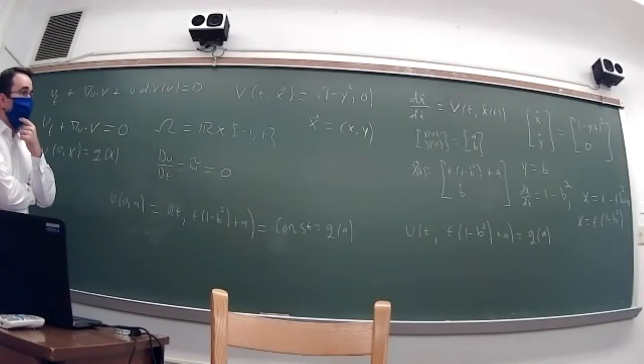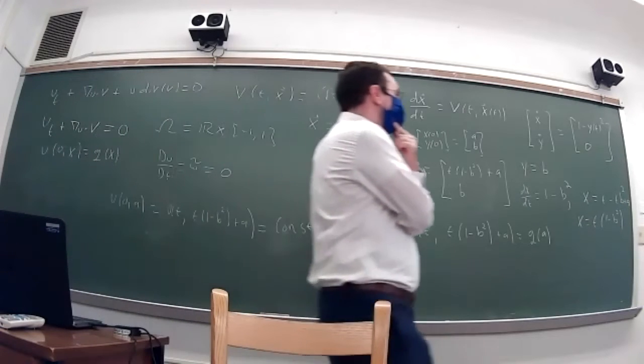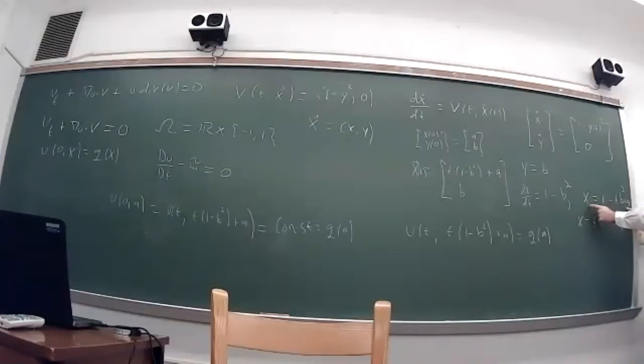So you kind of want to look back now at these two equations. And so in particular, you can solve this equation for A and plug that into G of A.